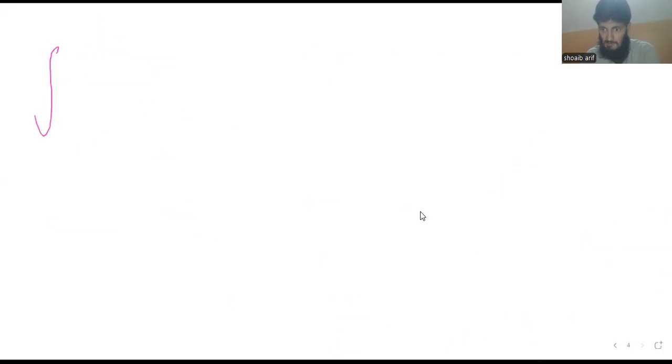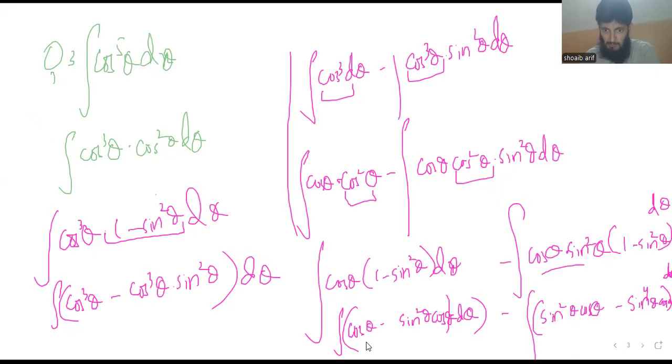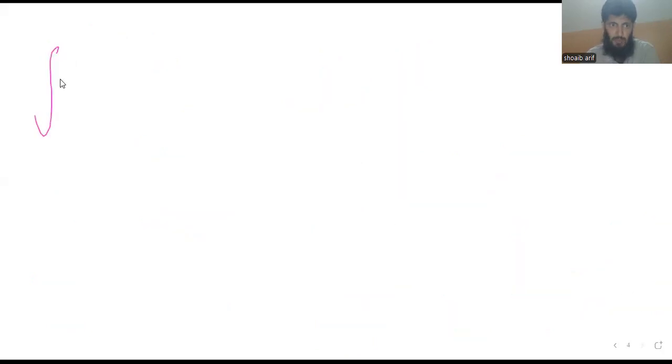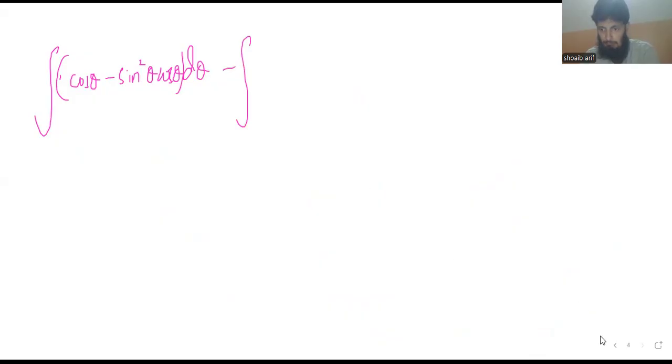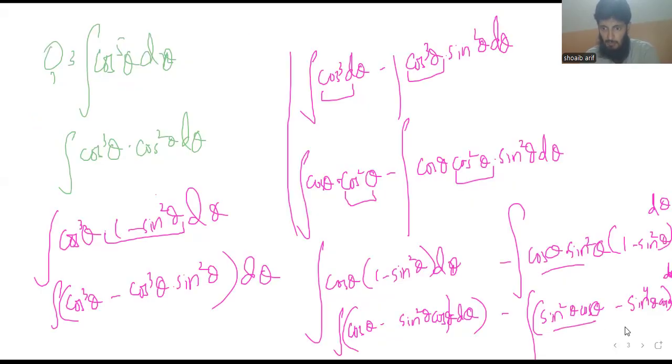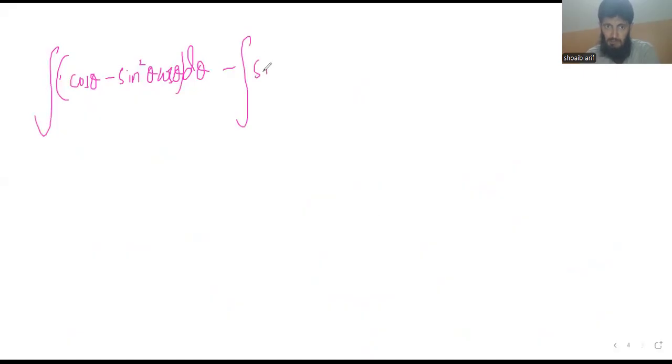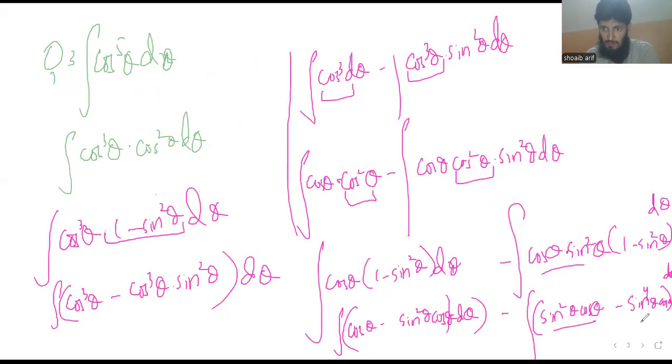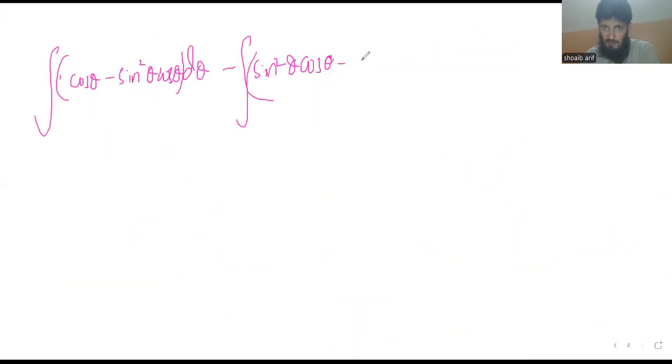So here is cos theta minus sine square theta cos theta d theta, and minus the bracket, sine square theta cos theta, and sine 4 theta cos theta, minus sine raised to the power 4 theta cos theta d theta.